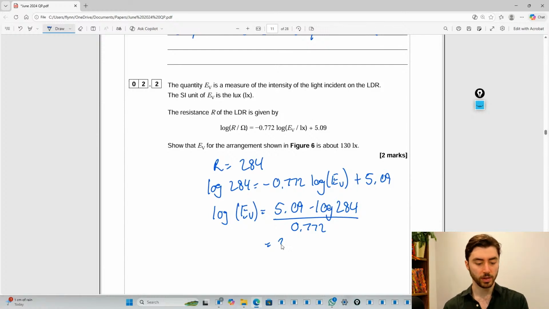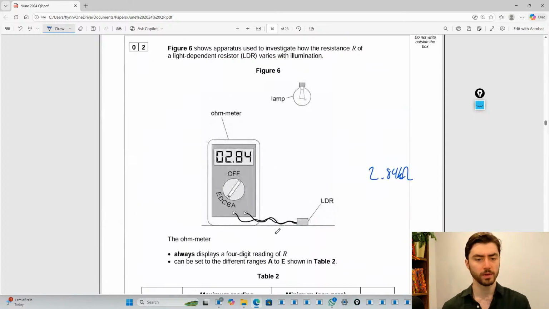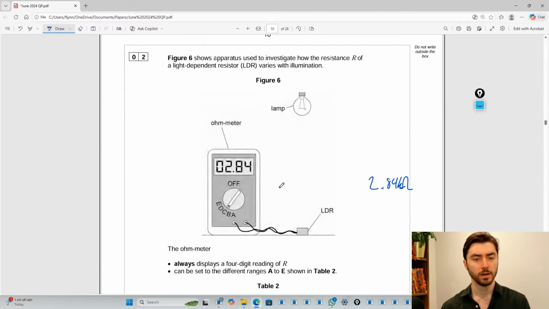We get that the log is 3.415 and EV is 10 to that thing, which is, no, I got that wrong. Well, I got that very wrong. Why did I get that very wrong?